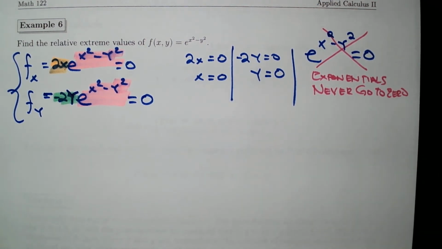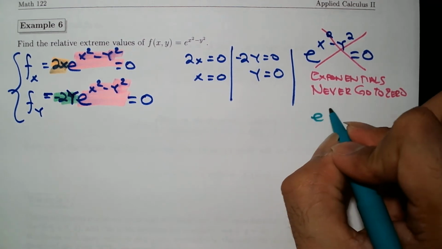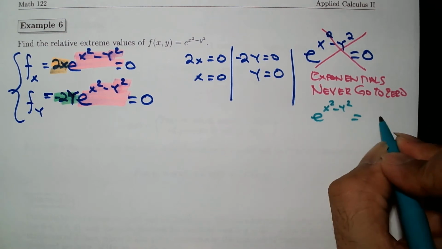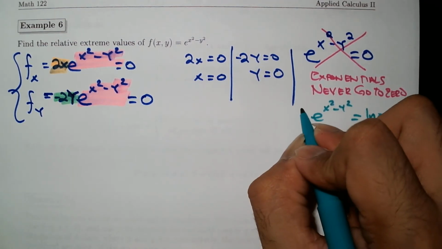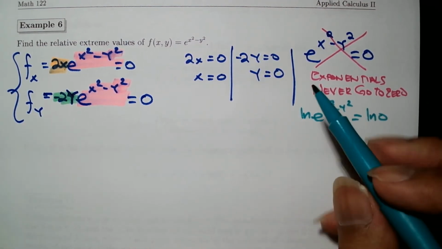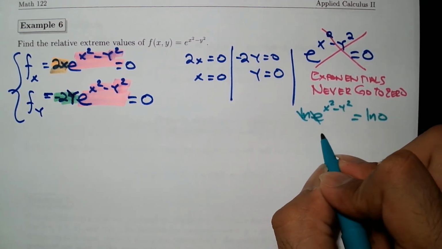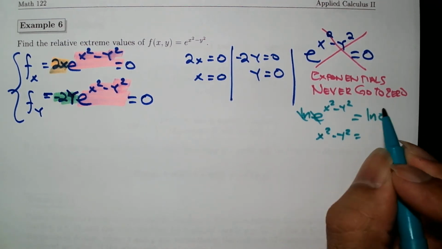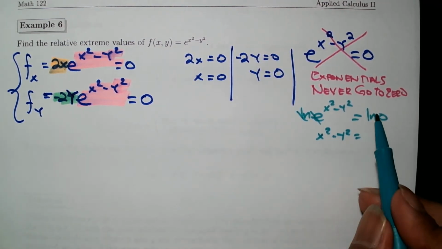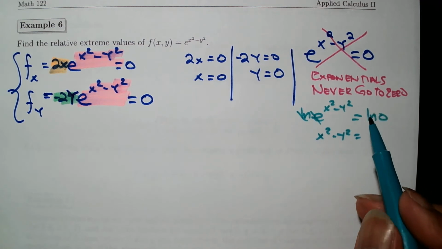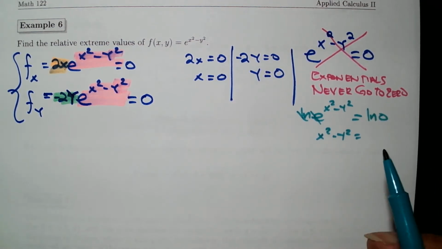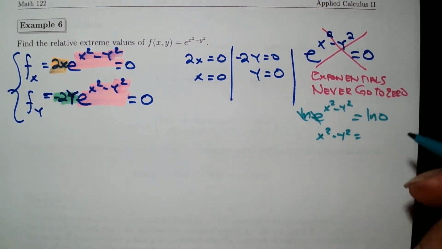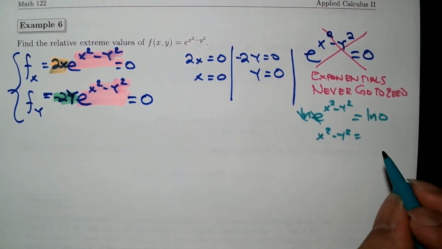The other idea is, e to the x squared minus y squared equals 0. Take ln to both sides to get rid of the exponential. That's valid. However, we are going to get x squared minus y squared equals ln of 0. And if you try to evaluate ln of 0, it is undefined.